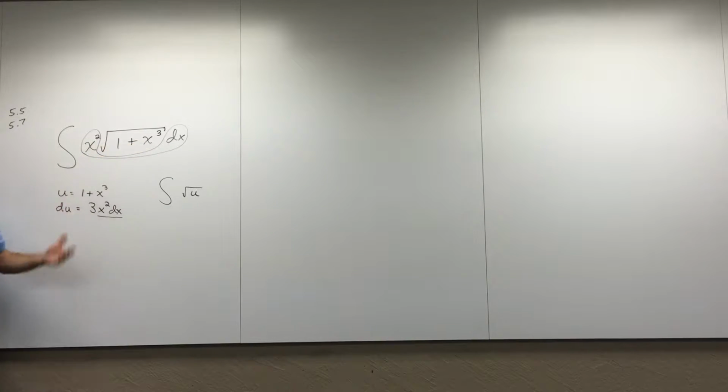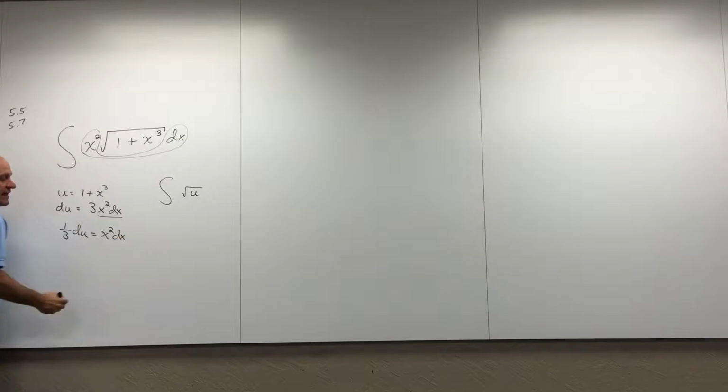Well, thank you for the du, because the du is going to help me get it gone, right? What I'm saying is, when I see that x squared dx, I see it here. I like to solve for it. So I'm solving for x squared dx by dividing by the 3.